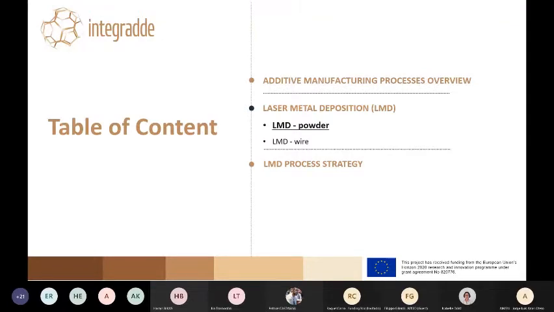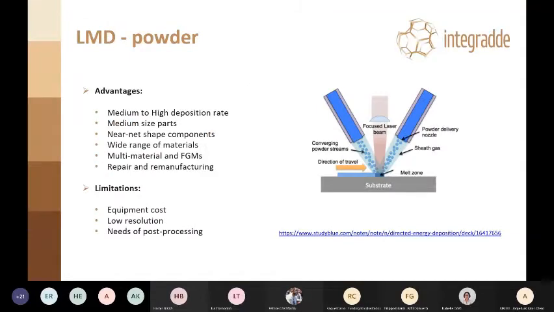Specifically going to LMD powder, you can see here the powder is injected at the same point where the laser beam is focused. So we are melting this powder on the surface of the base plate or on the surface of the previous layer, and we are producing a laser track or laser bead.